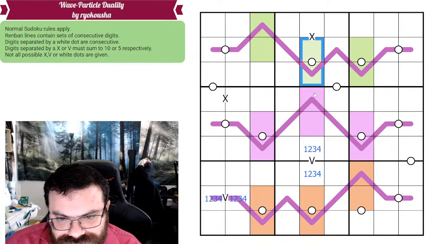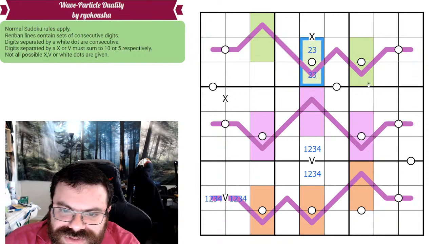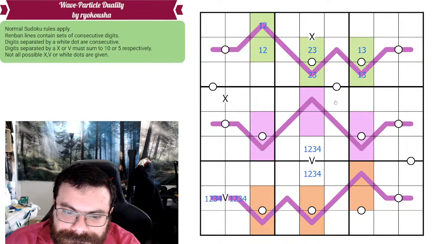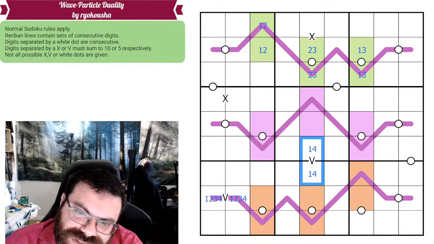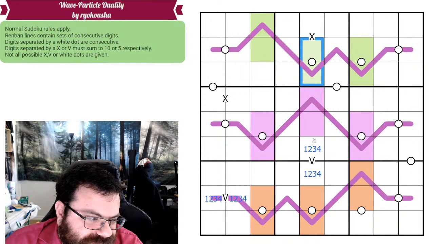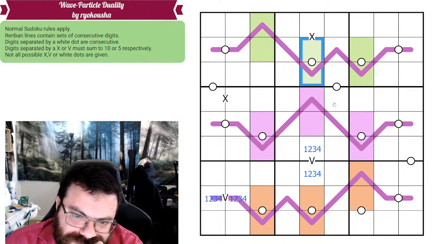Let's see, if this were 2, 3, that would mean I'd have, say, a 1-3 and a 1-2 here, or the other way around. That would be 1-4. I don't see a problem with that. Right.